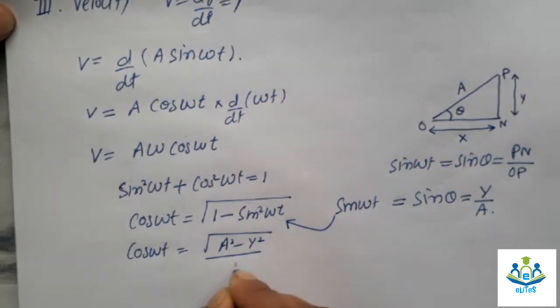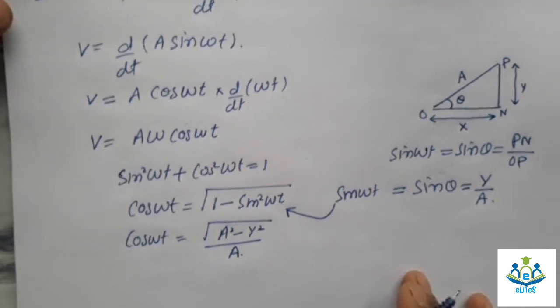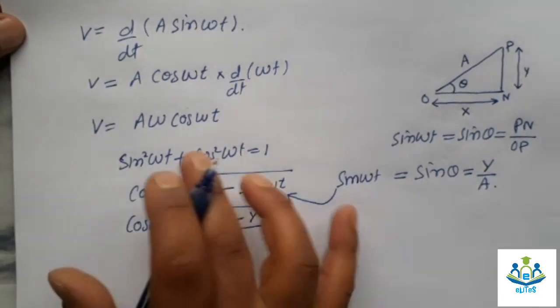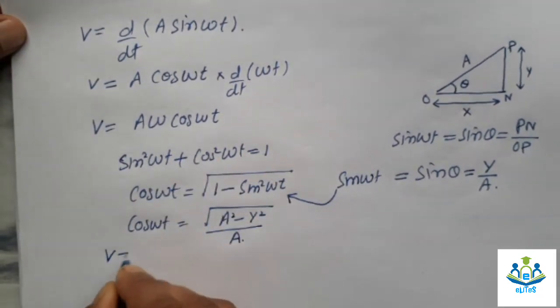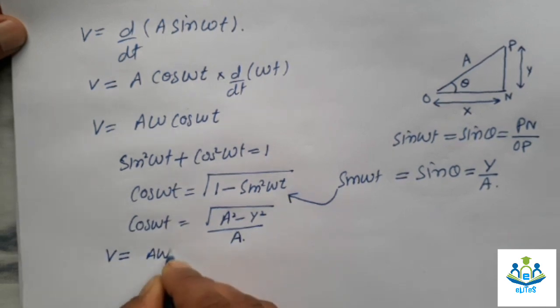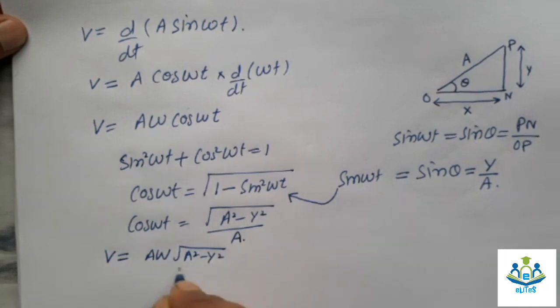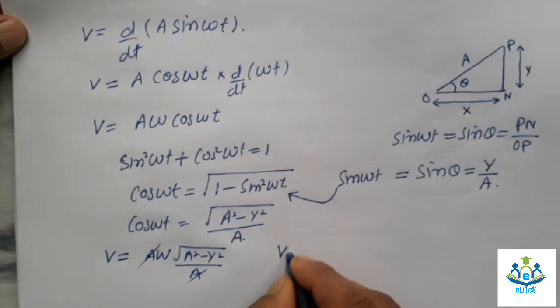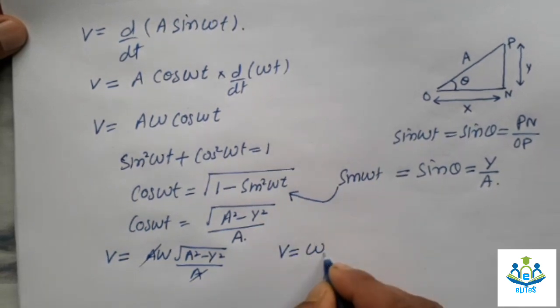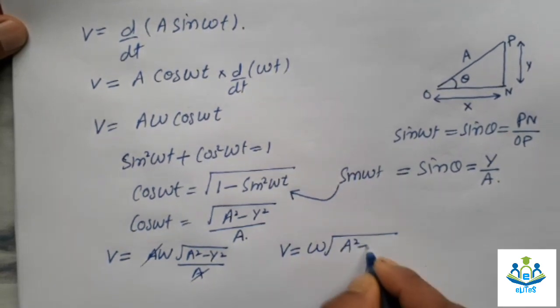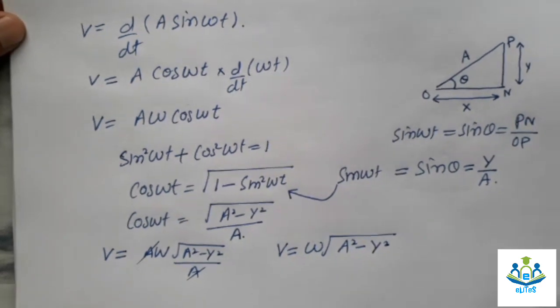Now what will be the velocity? Velocity will be a omega times the square root of a square minus y square over a. The a cancels, so velocity equals omega times the square root of a square minus y square.